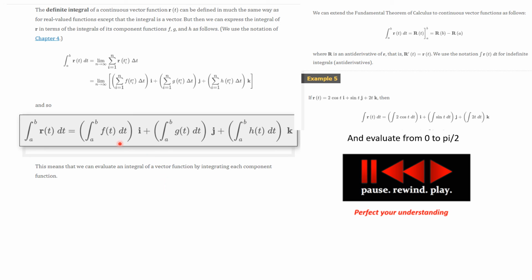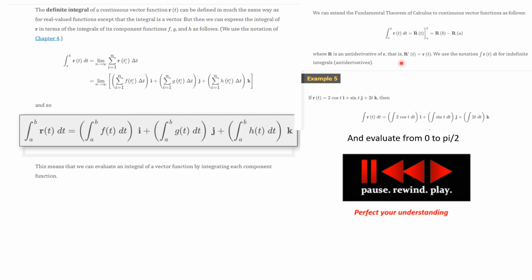Now notice that when we get arbitrary constants, that is going to end up being a constant vector, not just a constant number. And so we can then evaluate these integrals of a vector function by integrating each component function. And so the fundamental theorem of calculus states that if you're integrating from a to b, lowercase r of t dt, that is capital R of t, a vector, evaluated at b minus evaluated at a, and again we're using the same antiderivative, so you might as well take the constant when you're computing a definite integral to be the zero vector.